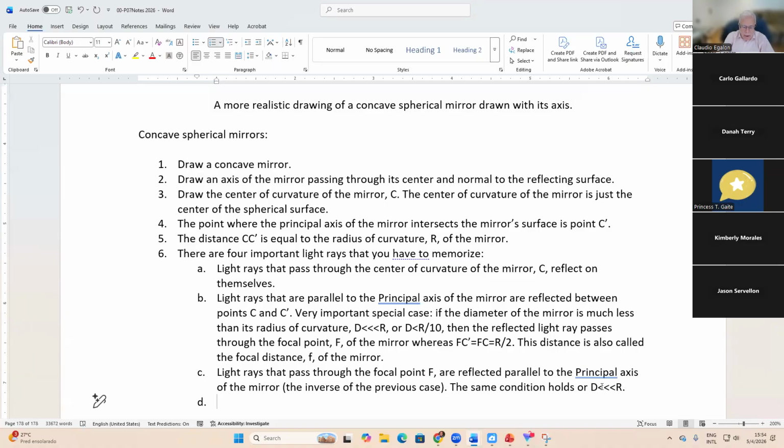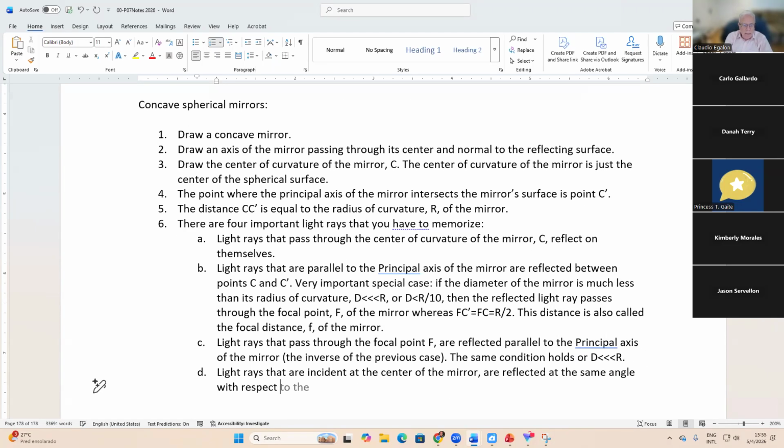And finally, light rays that are incident at the center of the mirror are reflected at the same angle with respect to the principal axis of the mirror.